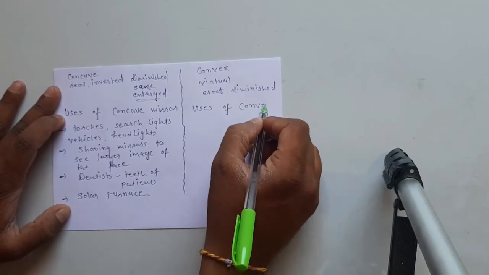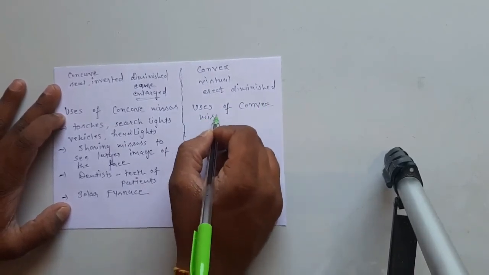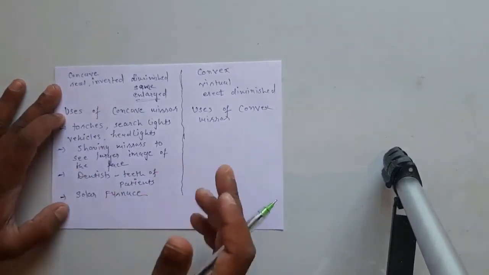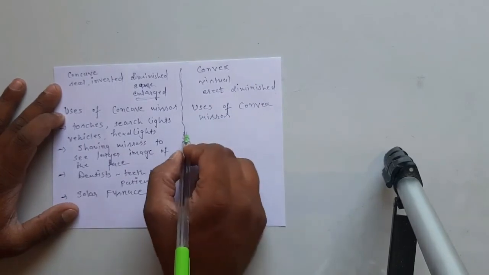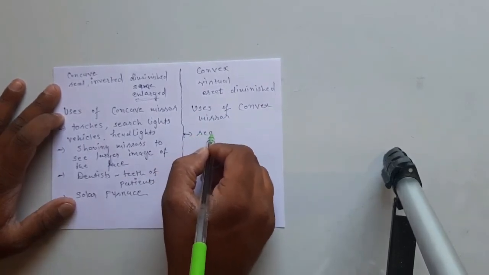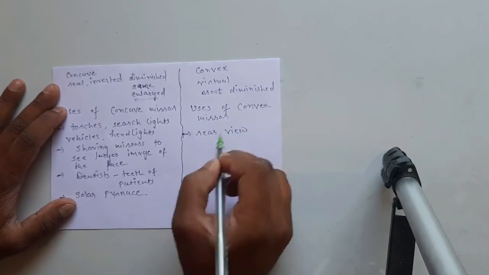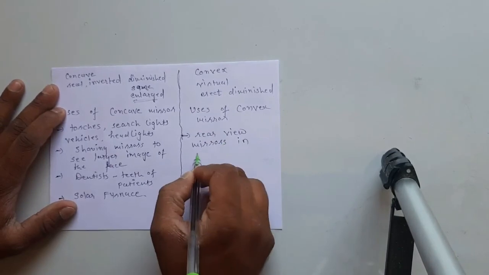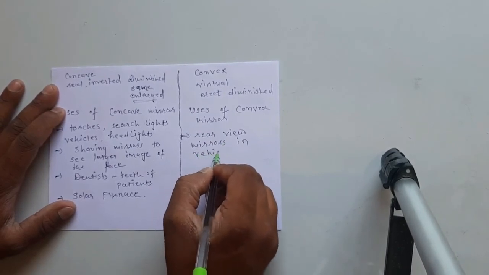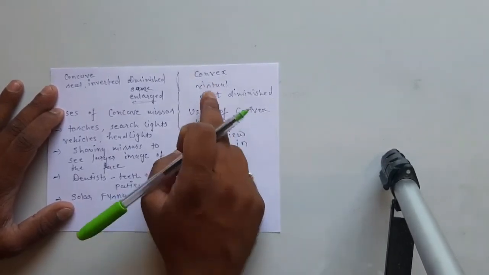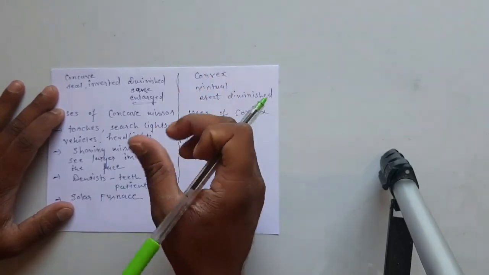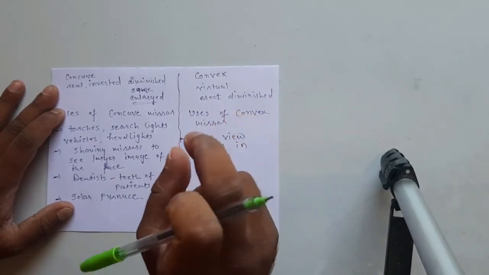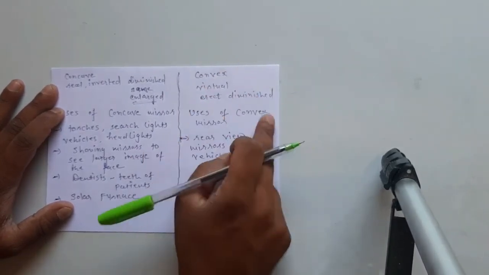Okay, and what are the uses of convex mirror? Due to its property of virtual, erect, and diminished image, convex mirrors are generally used as rear view mirrors in vehicles. Why? Because the image will be virtual, erect, and diminished, it will be small. So from the backside, if any vehicle is coming, we can get a small and erect image of it in such a mirror.